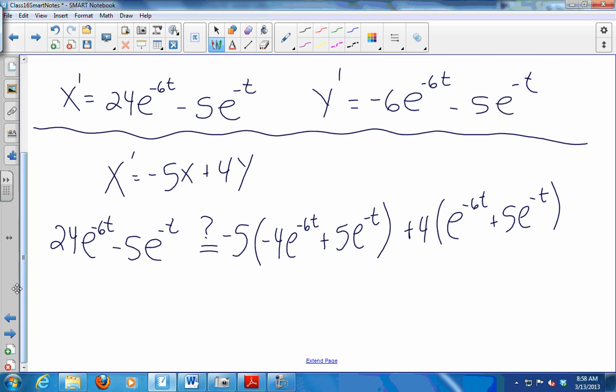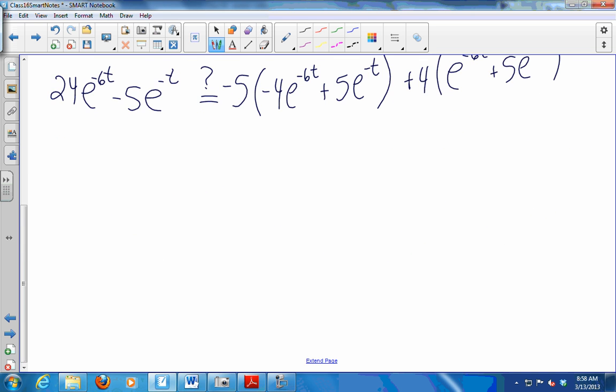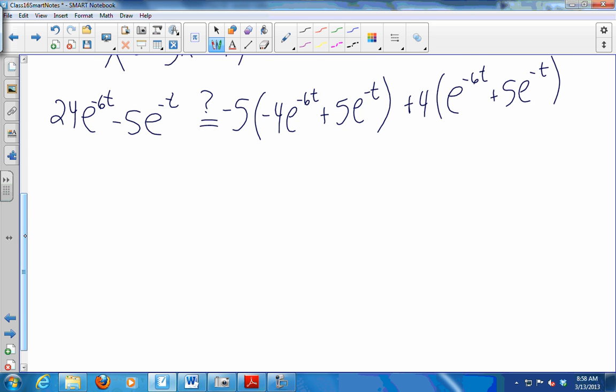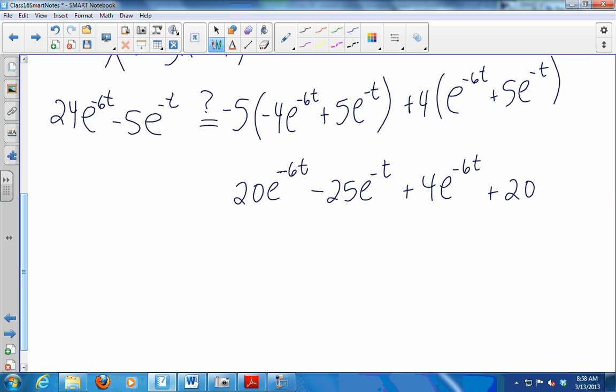So now we try to simplify the right-hand side and hope that it equals the left-hand side. So this comes out to 20 e to the negative 6t minus 25 e to the negative t plus 4 e to the negative 6t plus 20 e to the negative t.